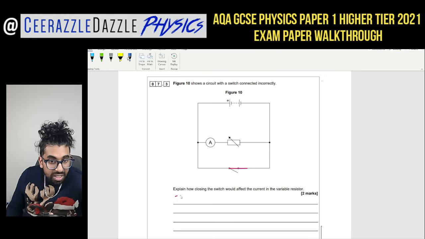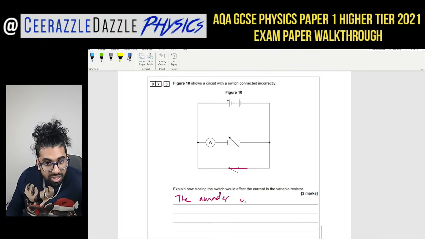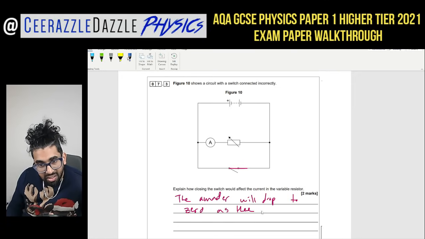So the ammeter reading will drop to 0 as there is no current through the variable resistor.